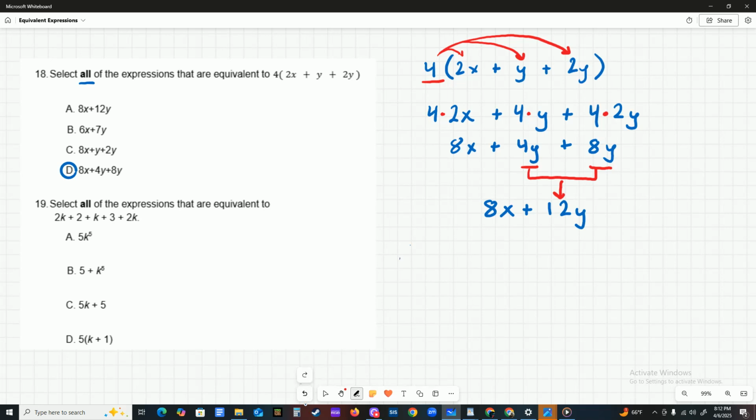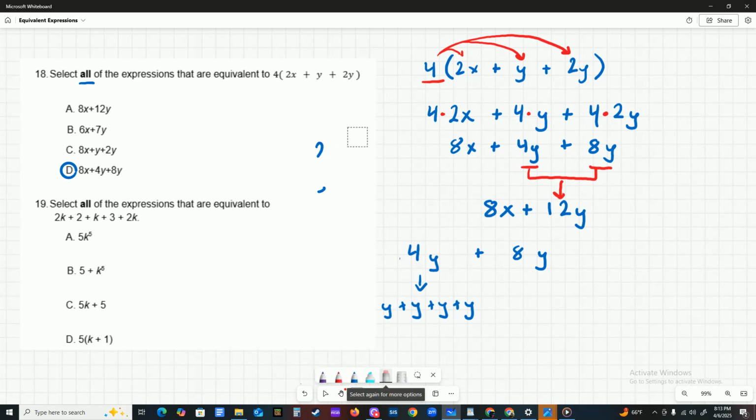Why is it only 12y? Well, watch this. We have 4y plus 8y. Well, what is 4y? Isn't that just y plus y plus y plus y? It is just that, in the same breath that 2 times 3 is the same as 3 plus 3. It's the same thing with 4y. It's the definition of multiplication, repeated addition.